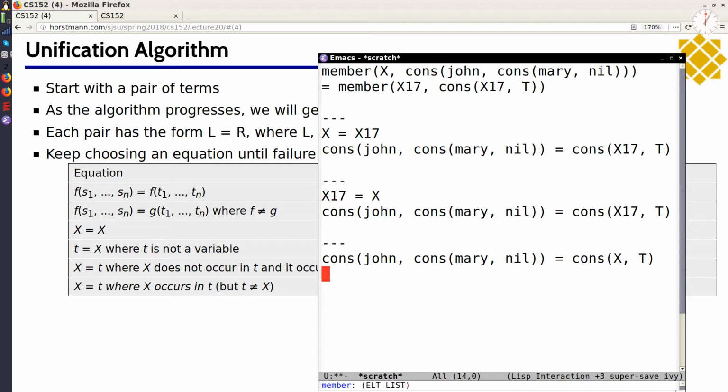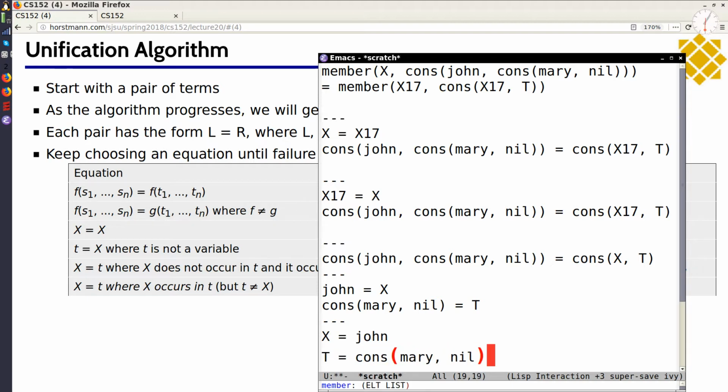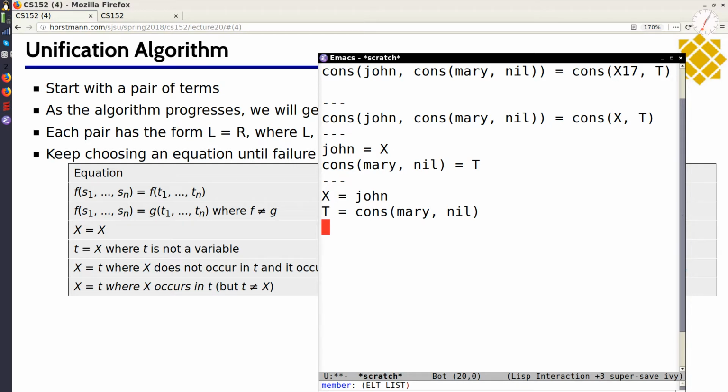Now I only have one term, and I apply rule number 1 again and set the arguments to each other. So I have John equals x, and cons Mary Nil equals t. Now I flip the two around by rule number 4, and I'm done. So that's the solution. I just mechanically follow these rules, and I get it.